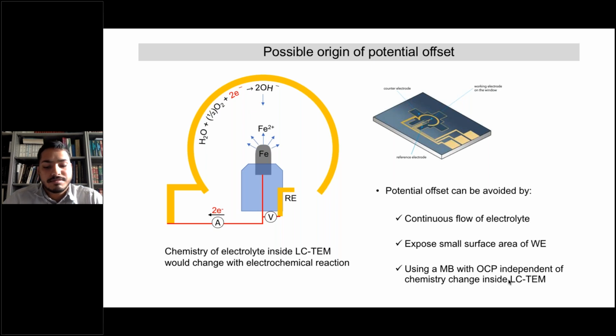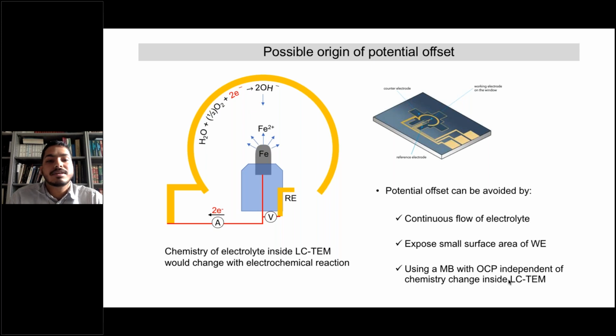Or if you still have the problem, then you can request Protochip to make another chip with a relatively non-polarizable reference electrode.